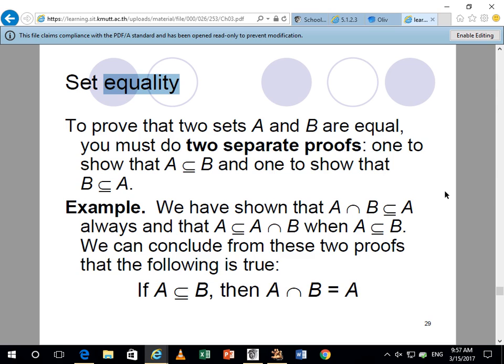First, we need to prove that A is a subset of B, and we also need to show that B is a subset of A. If both of these are satisfied, that means A and B are the same set, or at least have the same elements. So A and B are equal if and only if A is a subset of B and B is a subset of A.